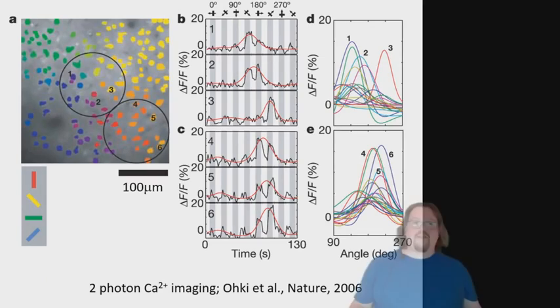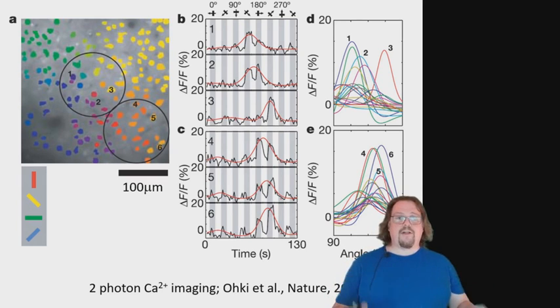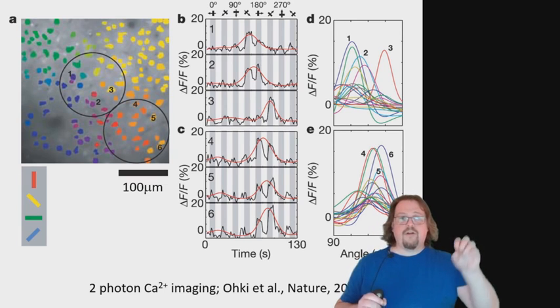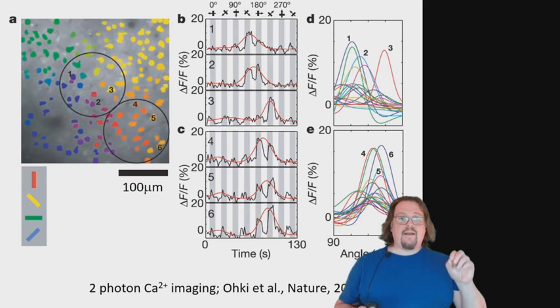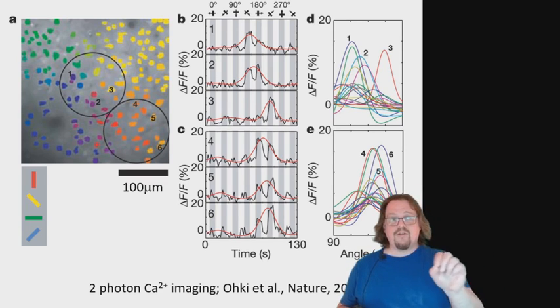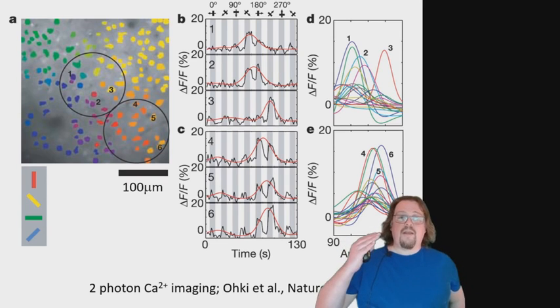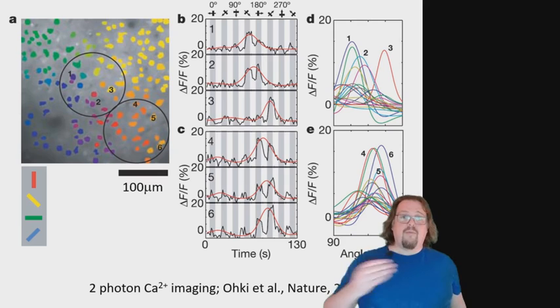So what you can see on this slide is a summary of that data. On the left hand side we've got a picture of the patch of cortex with each of the bright spots, each of the neurons being coloured in according to its orientation tuning. And this figure highlights a few of those neurons with numbers 1, 2, 3, 4, 5, 6. So if we look at the data from individual neurons, number 1 is shown in figure B at the top.